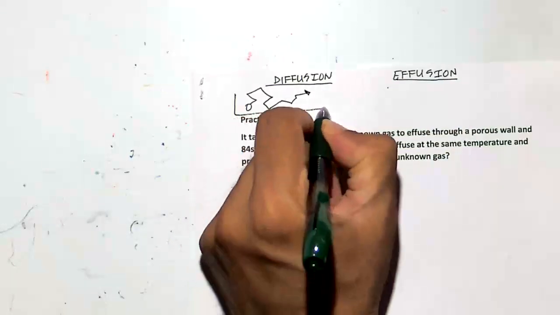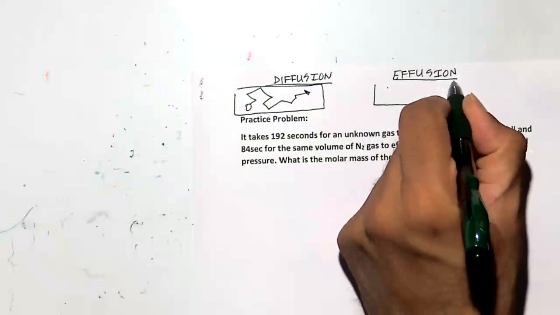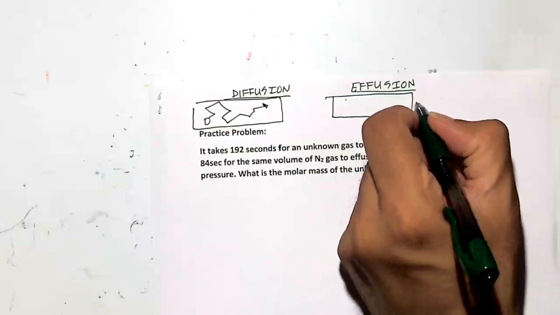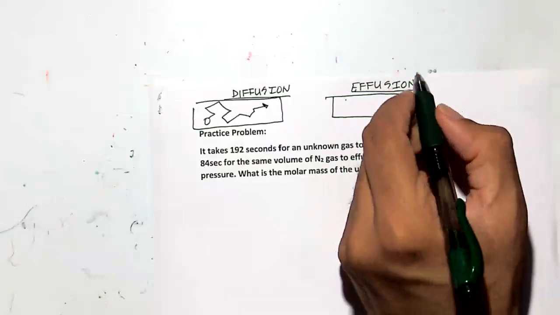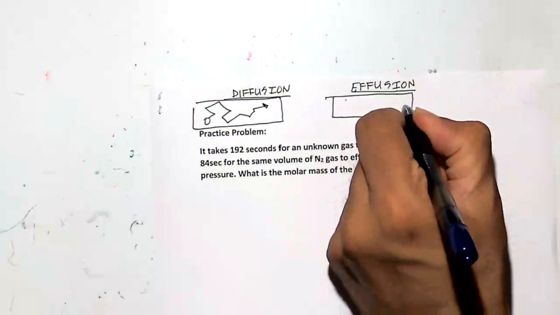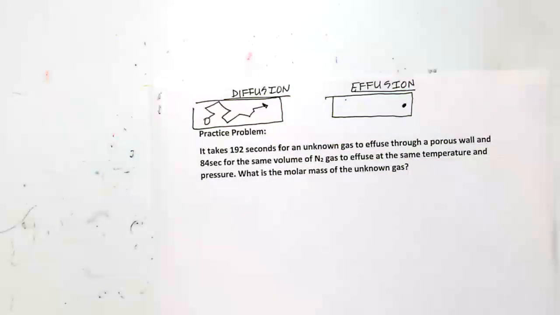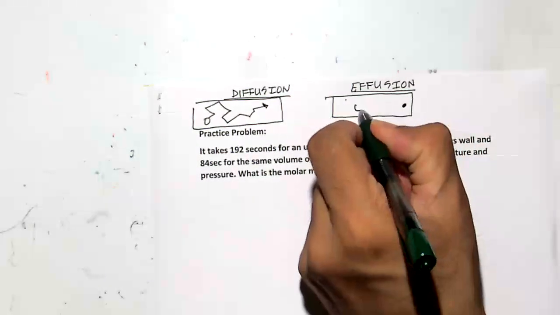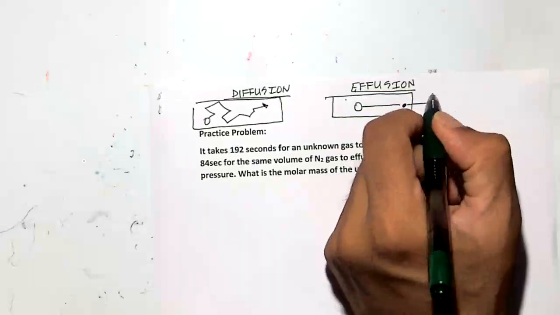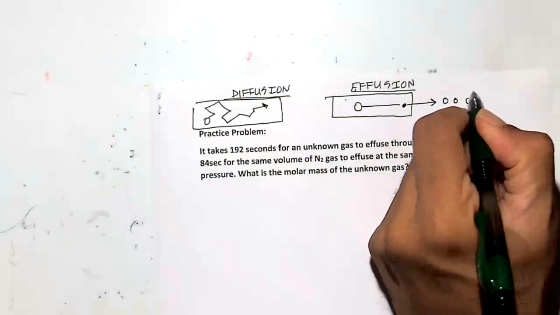Imagine here's the container. So here's the same container, and I'm going to put a tiny, tiny pinprick hole. Now this same gas molecule actually goes out of this hole in a straight line.